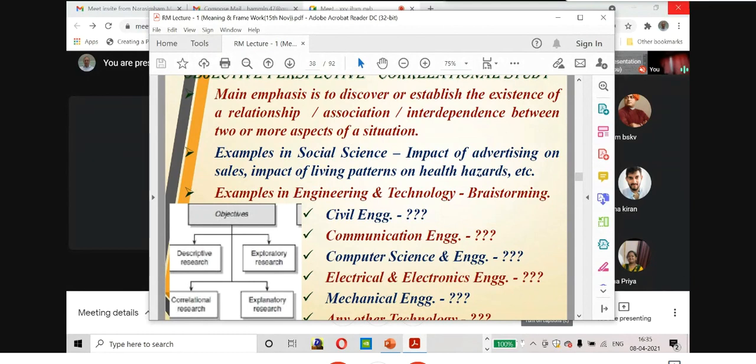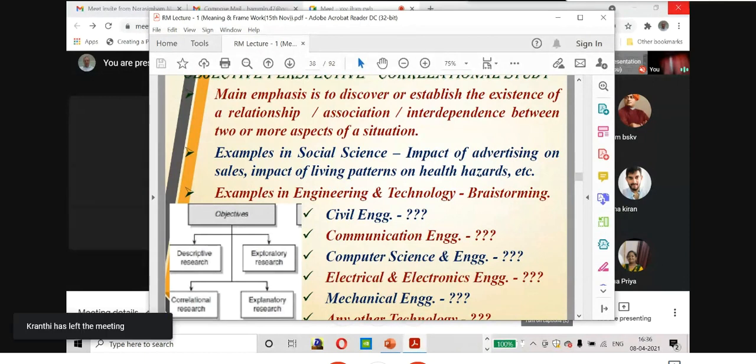Now what you are doing is, there is some issue which causes that and there is a result, an outcome from it. So you try to correlate. If this particular parameter is increasing, this is increasing or decreasing. So you give a correlation between two or more things. Examples in social science: impact of advertisement on sales, impact of living patterns on health hazards.